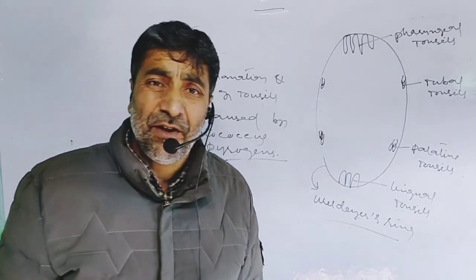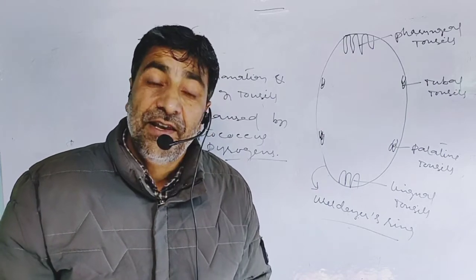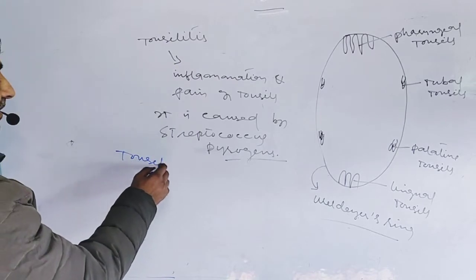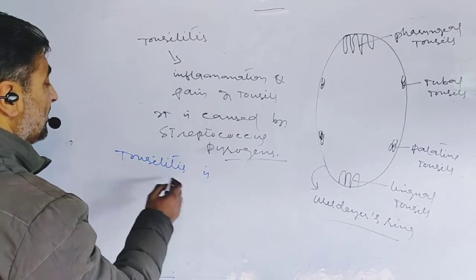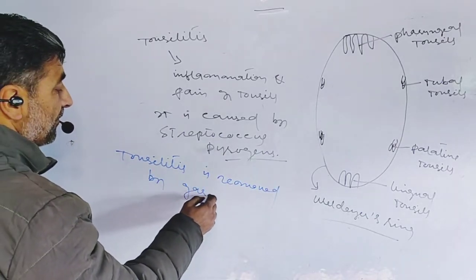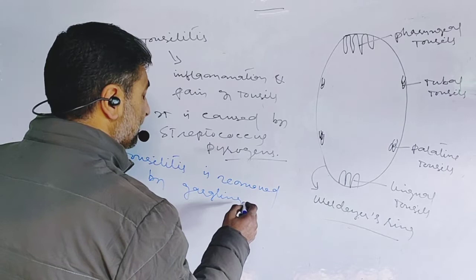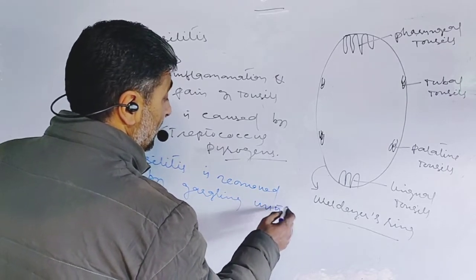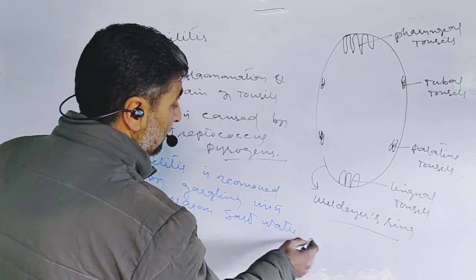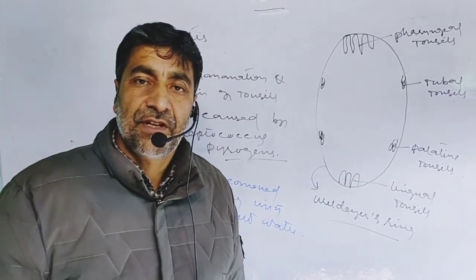Now how can we remove this tonsillitis? We can remove tonsillitis by gargling with warm salt water, thrice a day.